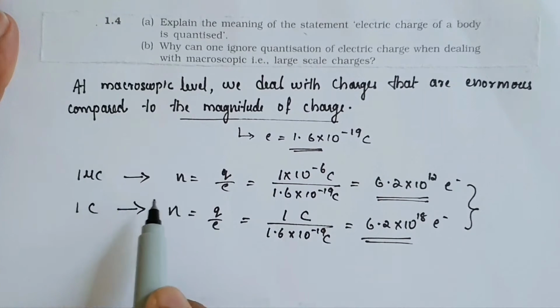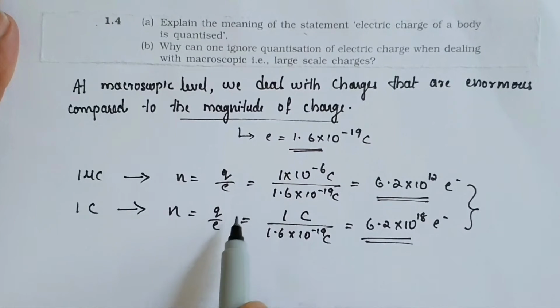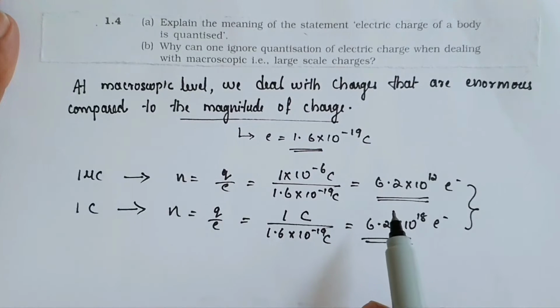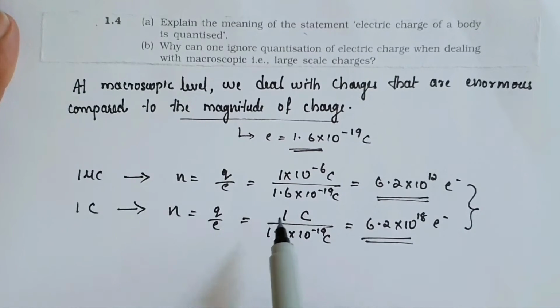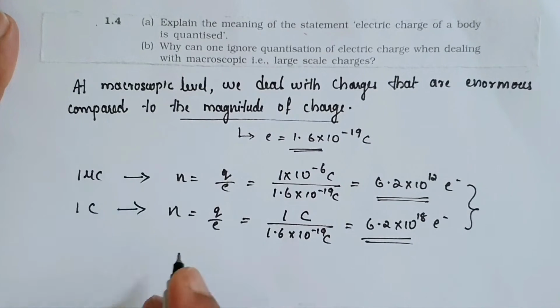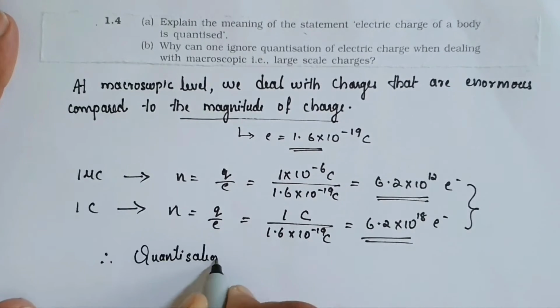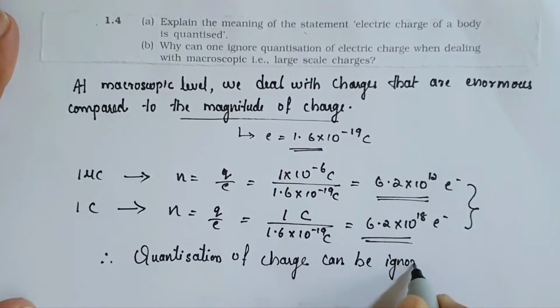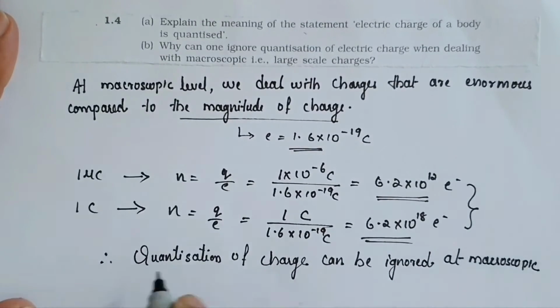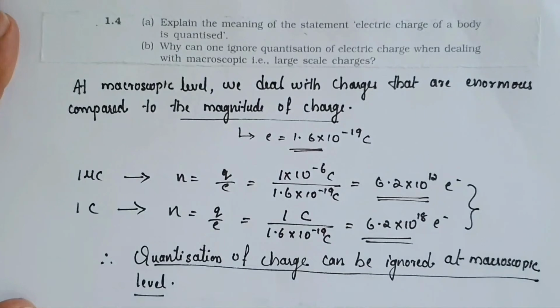Thus, if electrons are added or removed from such bodies, it hardly makes any change in the charge. Therefore, quantization of charge can be ignored at the macroscopic level.